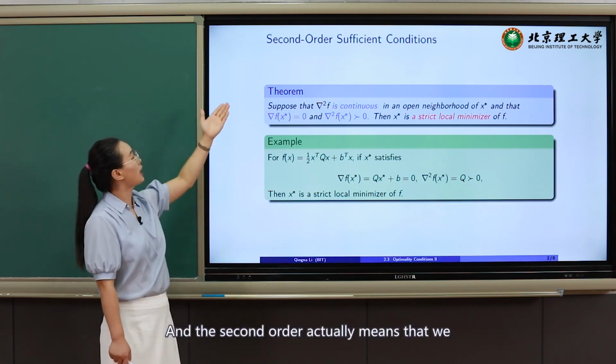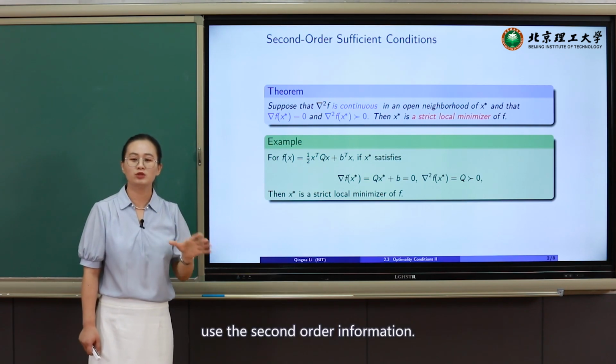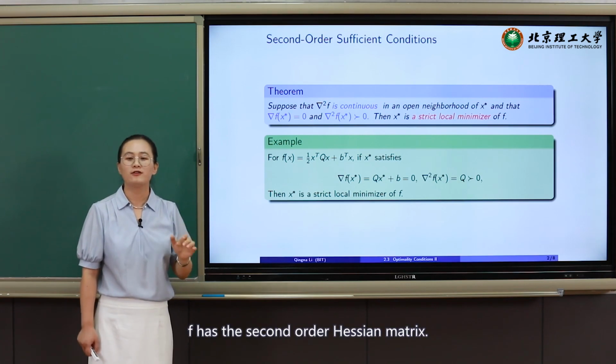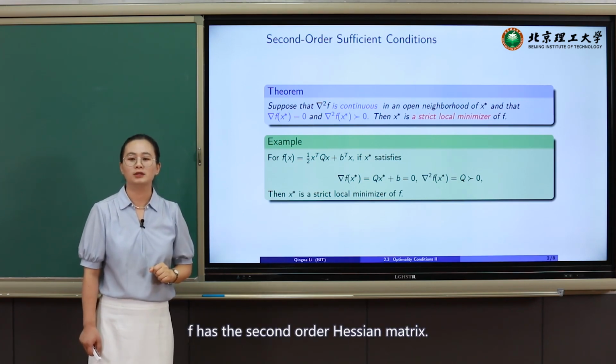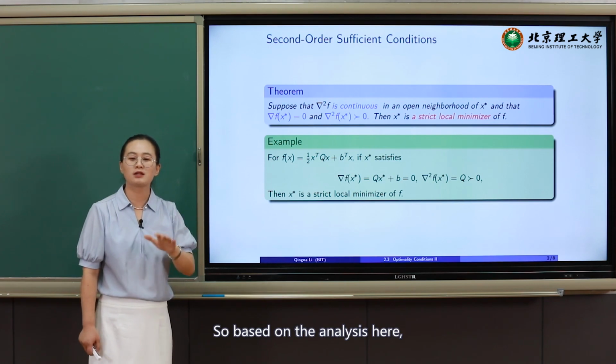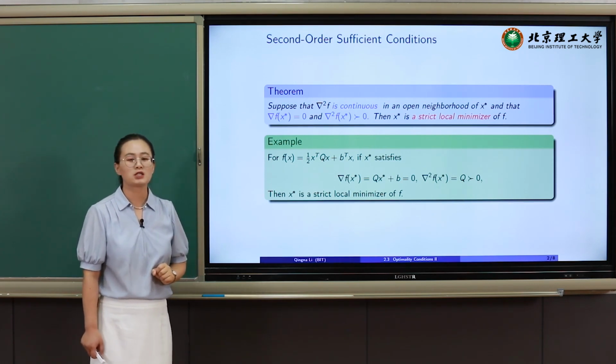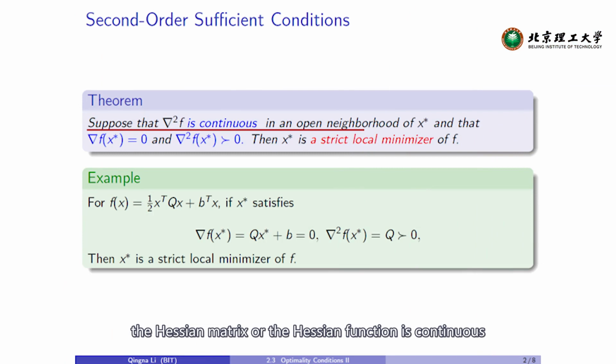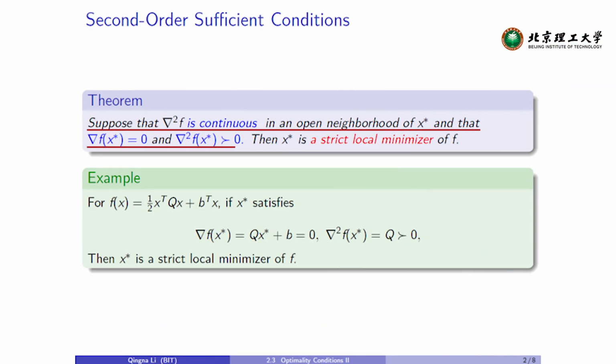And second order actually means that we use the second order information, so we must assume that F has the second order Hessian matrix. Based on the analysis here, we state our second order theorem like this. We assume that the Hessian function is continuous in an open neighborhood of X star, and also that the gradient of F is 0 at X star.